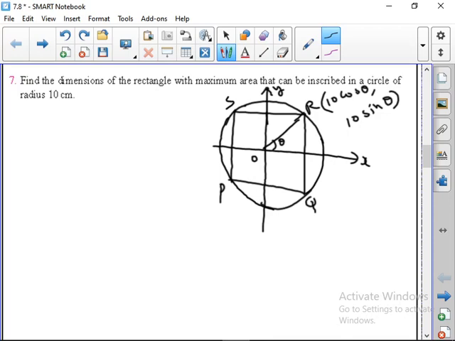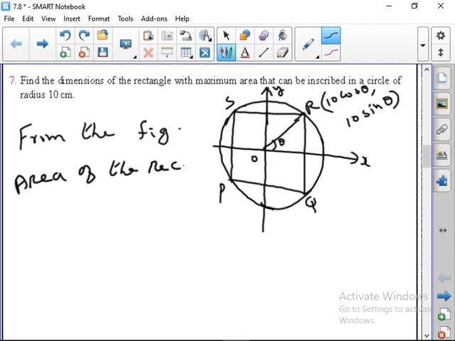Now from the figure, the area of the rectangle PQRS, we'll take it as A, is equal to length into breadth.